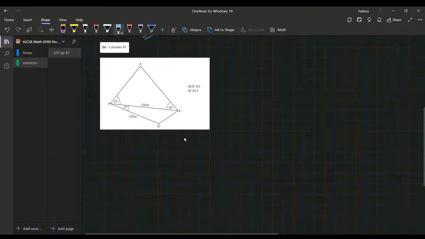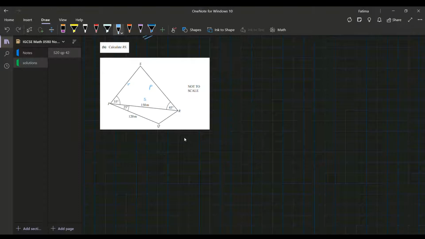So part B is regarding length RS, and I've simply copy pasted the figure down here for simplicity. And same way we can denote each side as I've explained above. So this would be p, this would be r, and this would be s. And one other thing we can do is that you should know that every triangle has a total angle of 180 degrees.